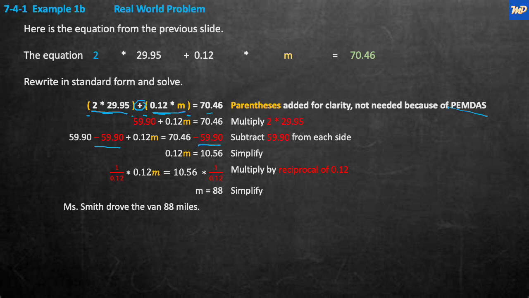The reciprocal of 0.12 is 1 over 0.12. Same over here. We multiply this side times 1 over 0.12. When we do that, these cancel, and this gets divided into 10.56, and you'll find out that m equals 88. Ms. Smith drove 88 miles.